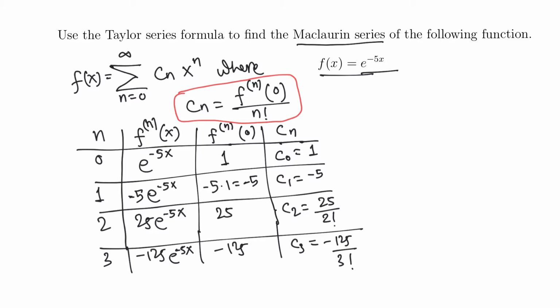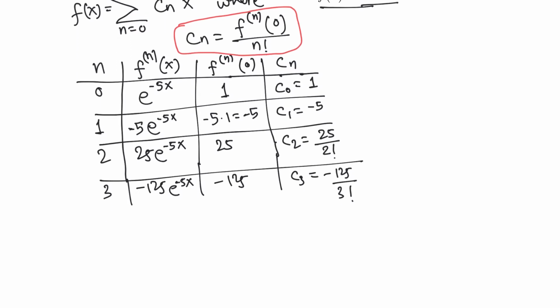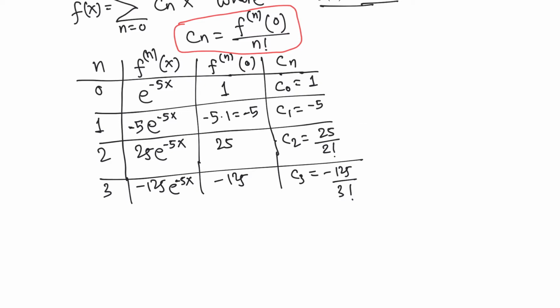Looks like we have the pattern here. In the first, this is over 0 factorial, here is 1 factorial, 2 factorial, 3 factorial, and we are getting plus and minus, and 1 times 5, 5 times 5, 25 times 5.